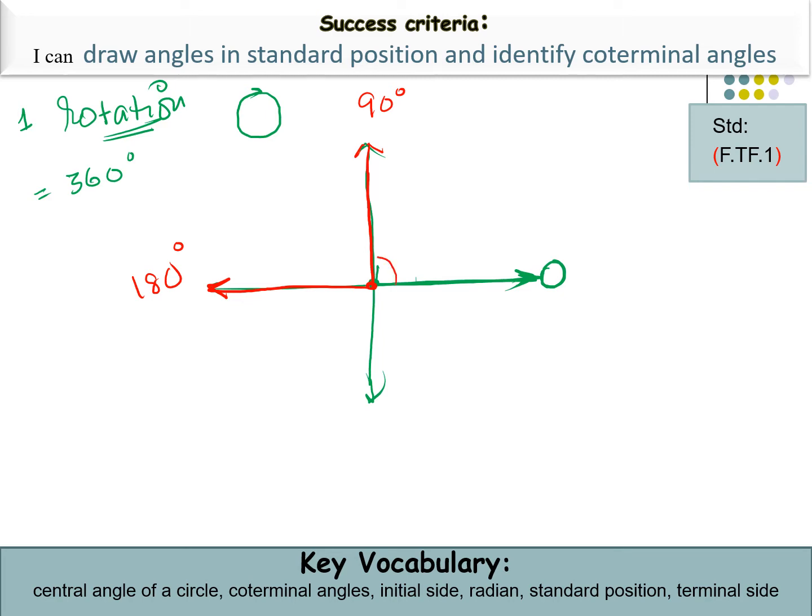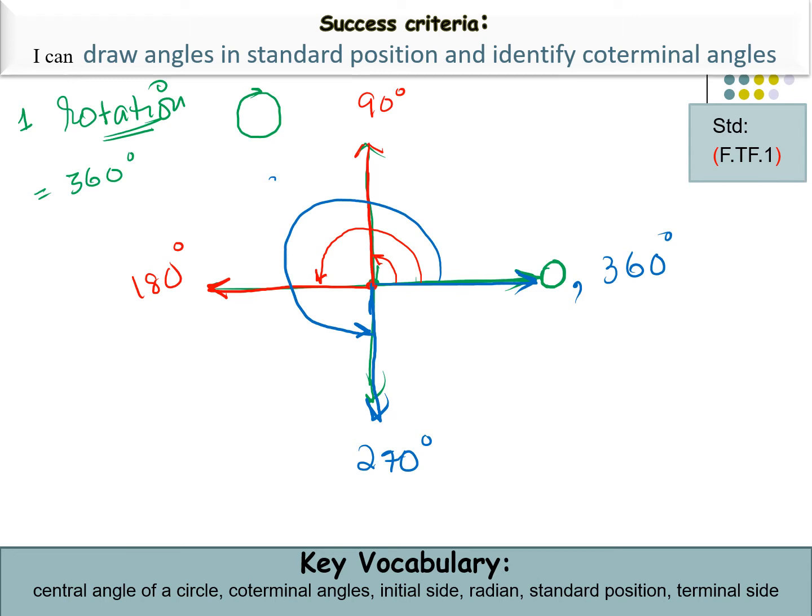Make sure that you are rotating in the counterclockwise direction. If your terminal side comes over here, all the way from here till here in the counterclockwise direction, then this angle is said to be 270 degrees. When you return to the initial position after completing one rotation, that is said to be 360 degrees.